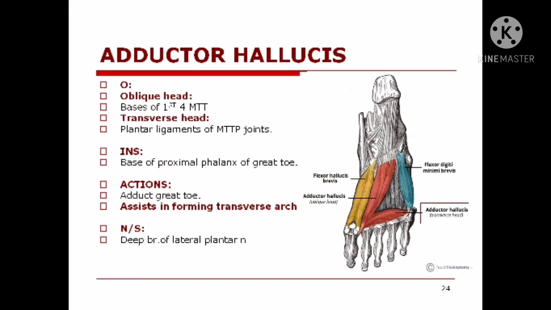The transverse head arises from the plantar ligament of the metatarsophalangeal joints. The insertion is at the base of the proximal phalanx of the great toe, and its action is to adduct the toe. It assists in forming the transverse arch. The nerve supply is the deep branch of the lateral plantar nerve.